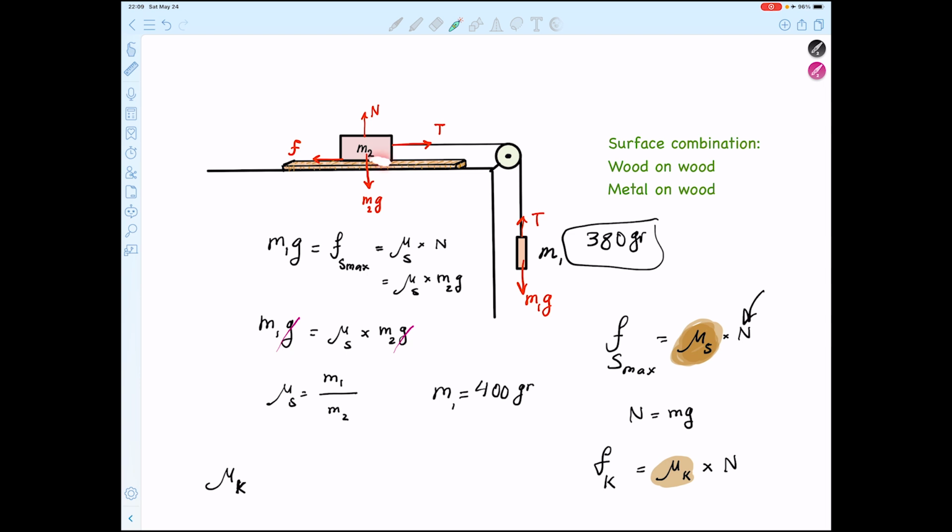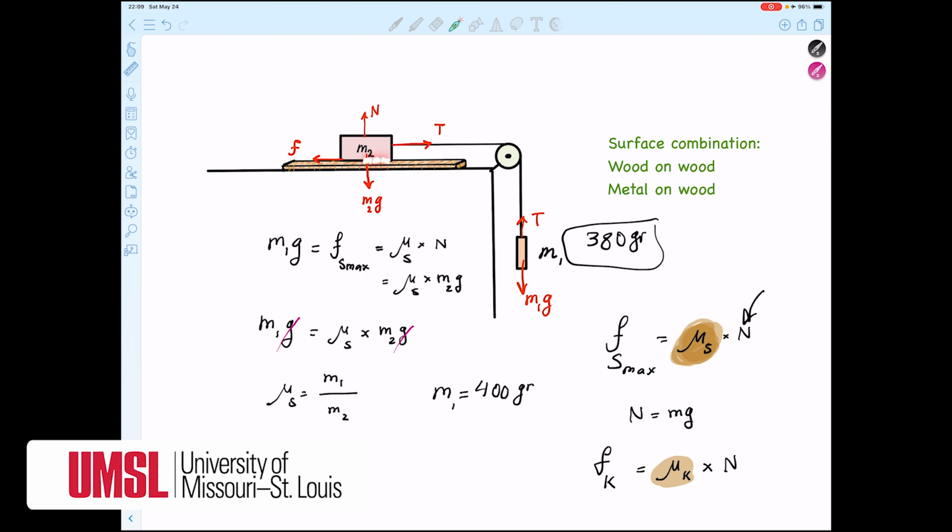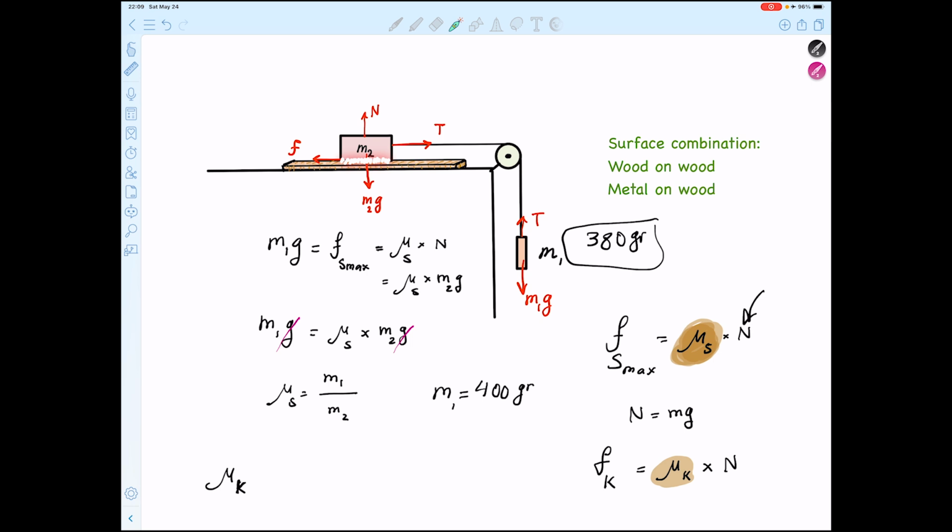So it will basically break the bond of molecules between these two different surfaces that I'm highlighting right here, okay? And so you're starting with a little bit less. The system was about to move at 400 grams, but right now I'm using 380, but I'm tapping this area, all right?